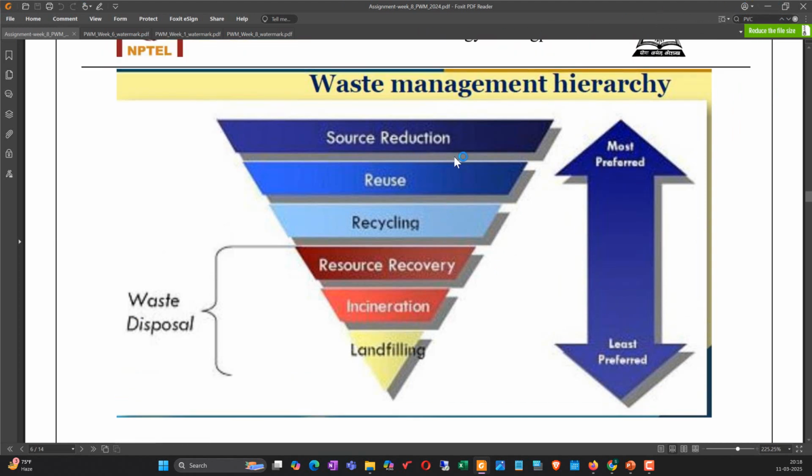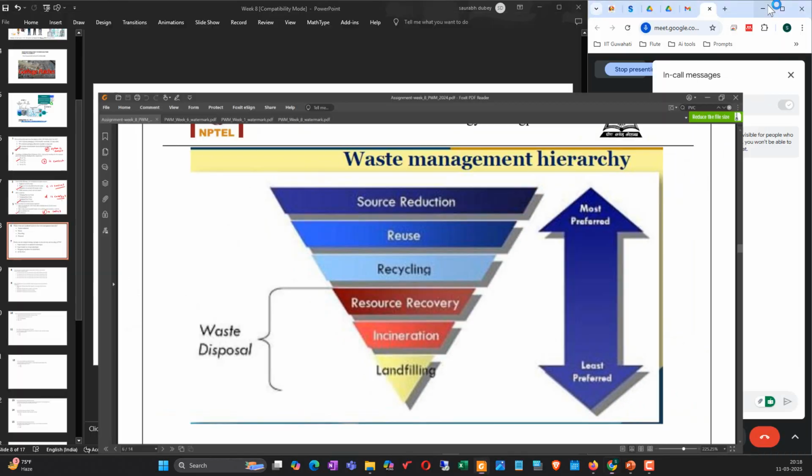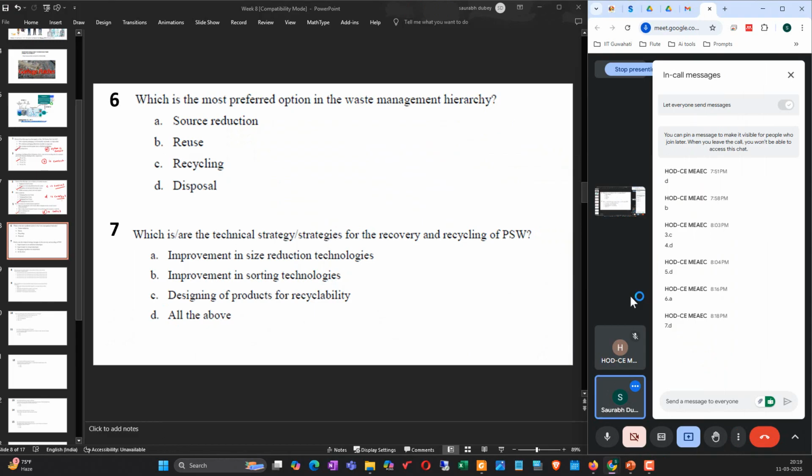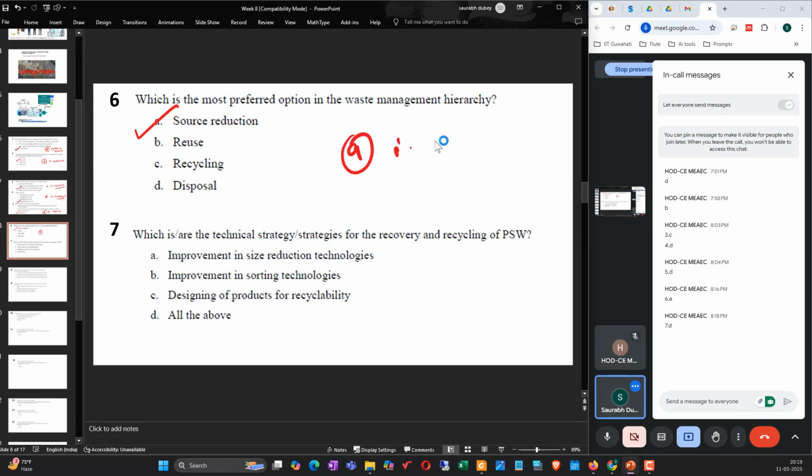Source reduction is the most preferred option for this waste management hierarchy. And 6A is the correct one. A is correct, right?